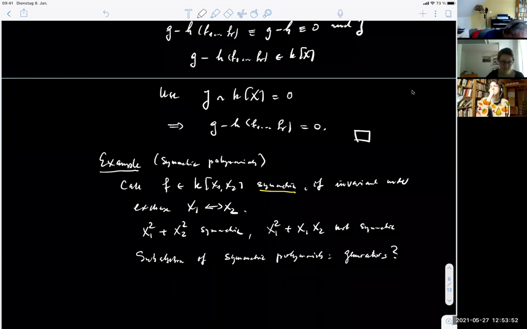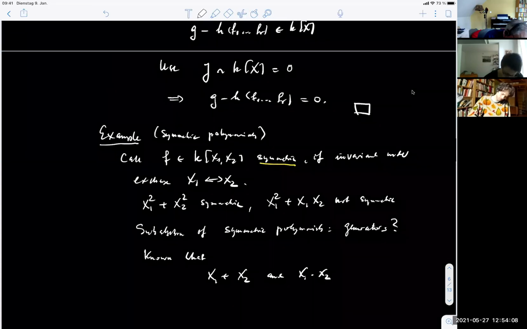But here it is known that these two polynomials, x1 plus x2 and x1 times x2, generate this subalgebra.